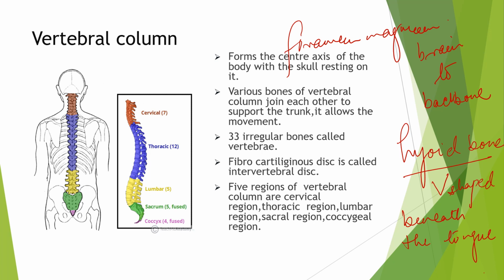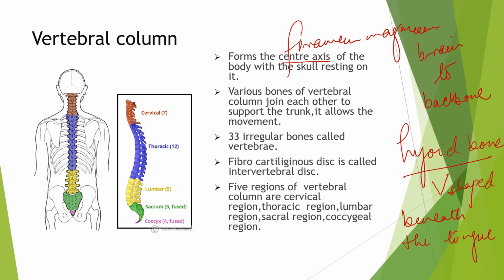Now, as we have started with this vertebral column, let us concentrate on this one. It is forming the center axis of the body, and the skull is resting on that. Now, there are various bones in this vertebral column.